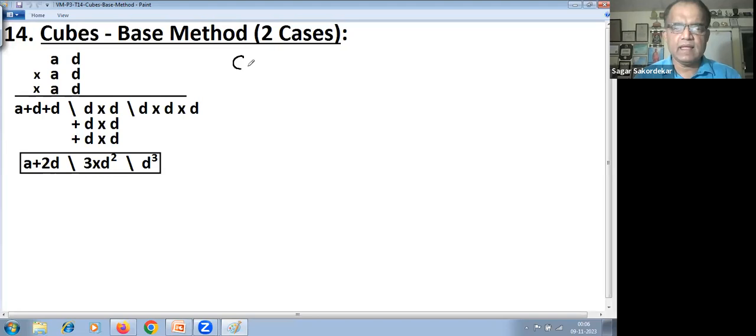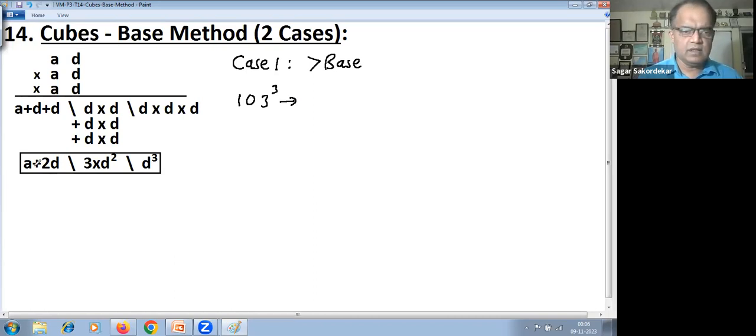So let's take case 1, and case 1 is above base. The number whose cube you are finding is above base. For example, 103 cube. So just follow this. A is 103 plus 2 into difference. Difference here is 3. 103 minus 100 is 3. So into 3. Next, 3 into d square. D here is 3.